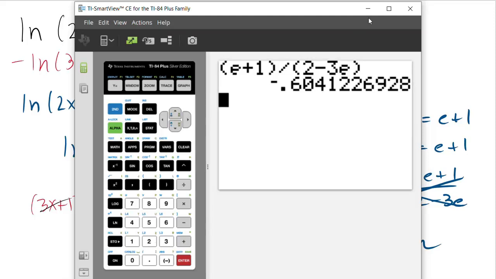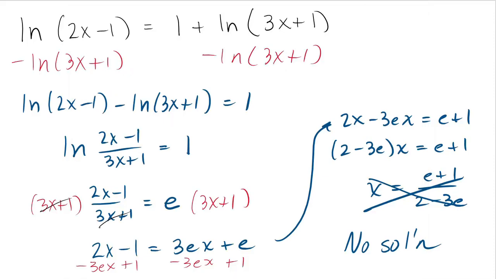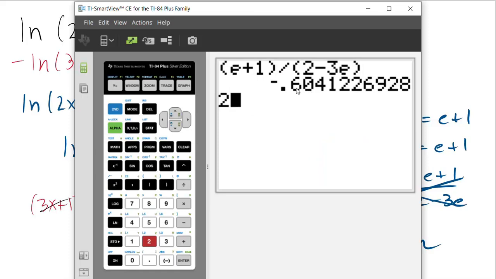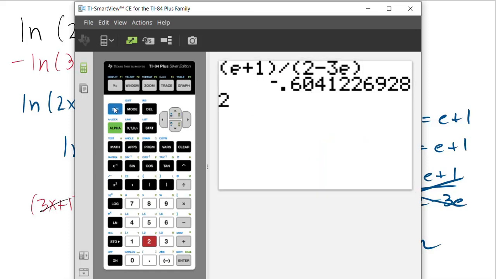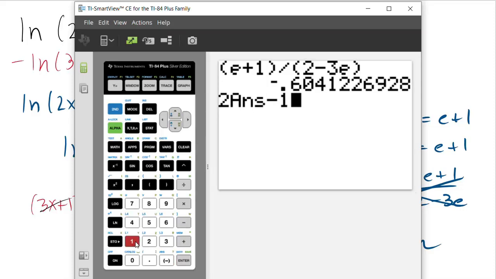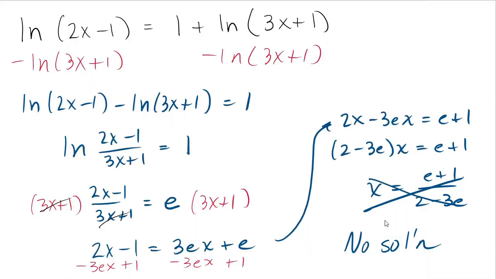I want to plug this into the expression 2x minus 1 to see if it's an allowable input. So 2 times the previous answer. To get the previous answer, you push second and the negation key. That says use the output of my last line as this value. Subtract 1 from that. That's definitely negative. That is not an allowable input to the left side, so we have no solutions.